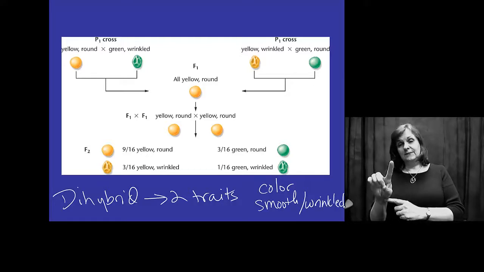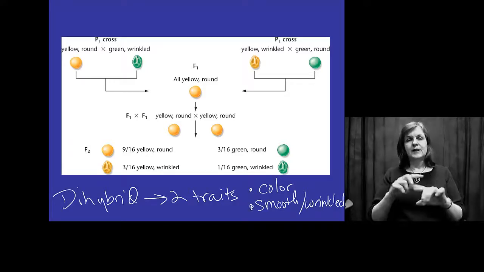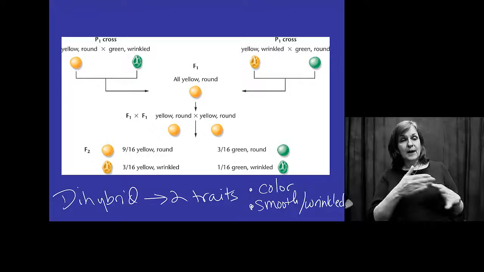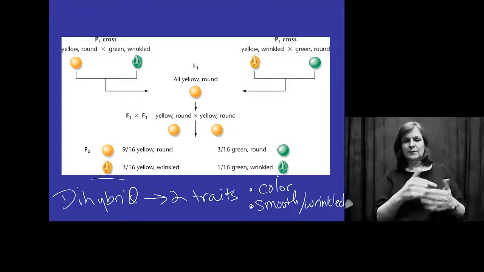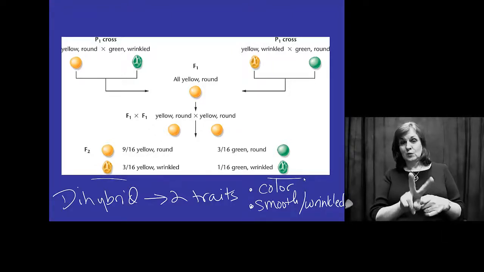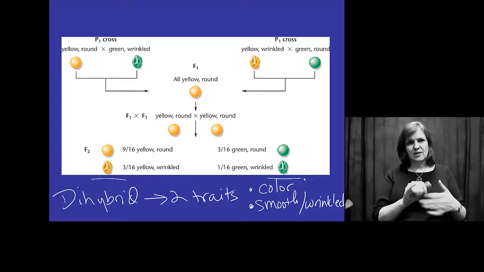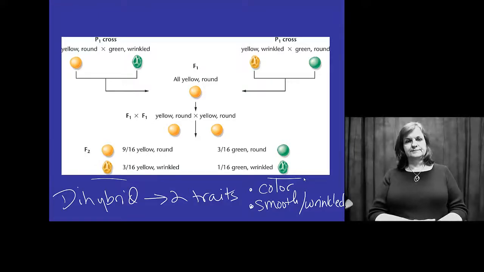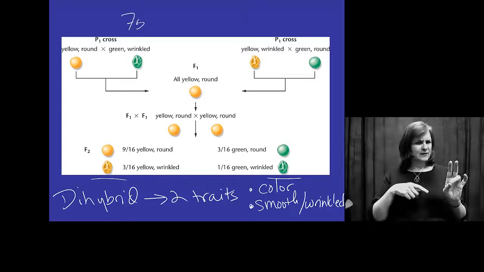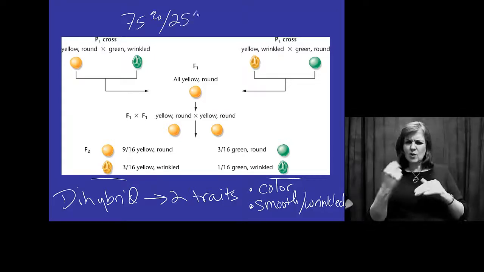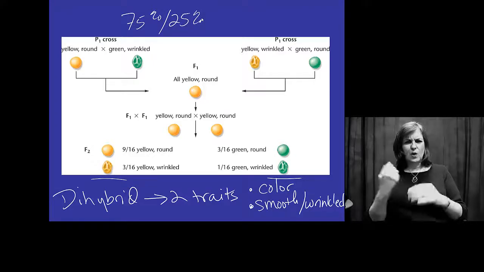Those are two traits. But if we focus just on the color patterns, we're getting some yellow and some green in this second generation. Well, that's great. So he's starting to see this 75-25% ratio all the time when he looked at these characteristics.